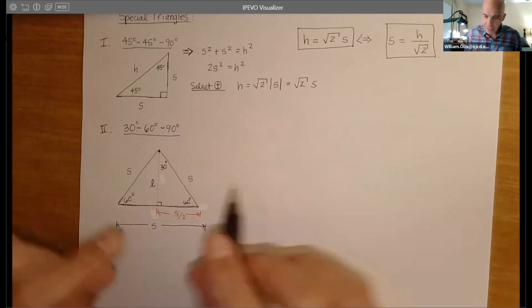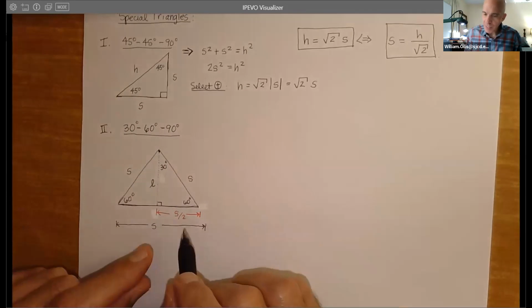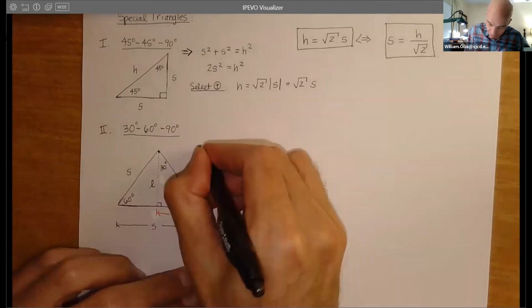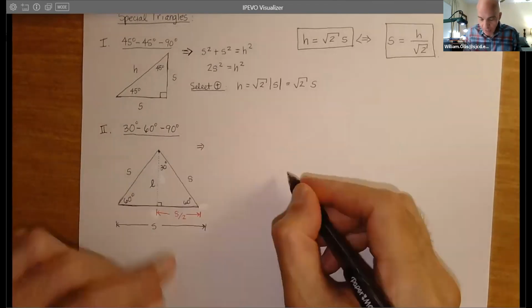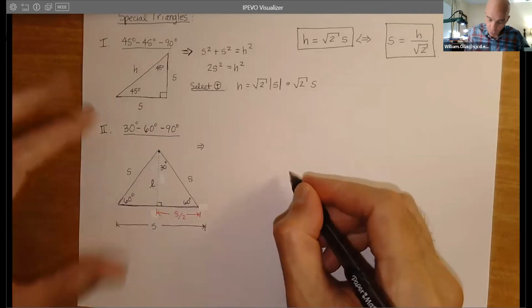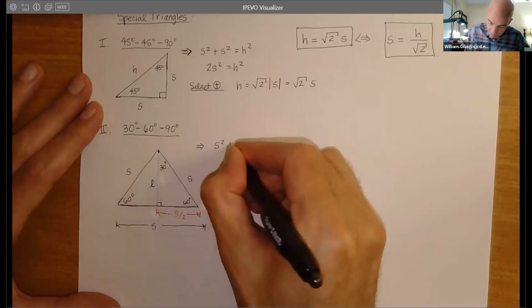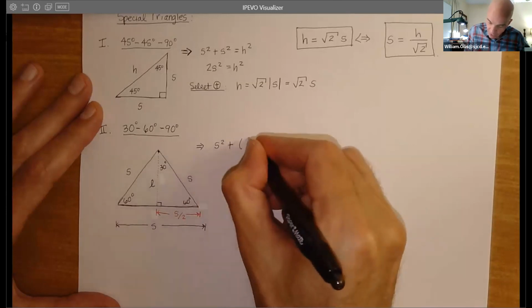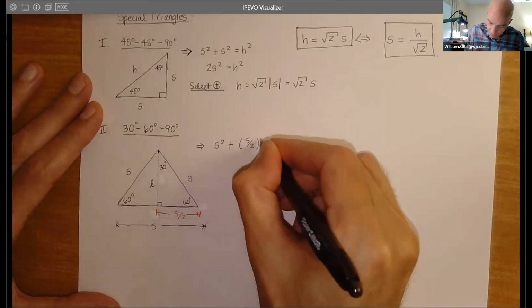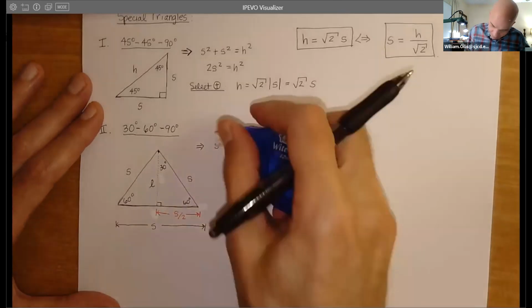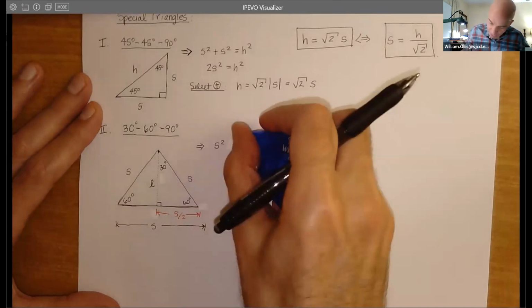So now what we can see is that we can utilize the Pythagorean theorem. So now notice this implies, and of course the hypotenuse just has length S. So we have S squared, oh, sorry, that's the hypotenuse.